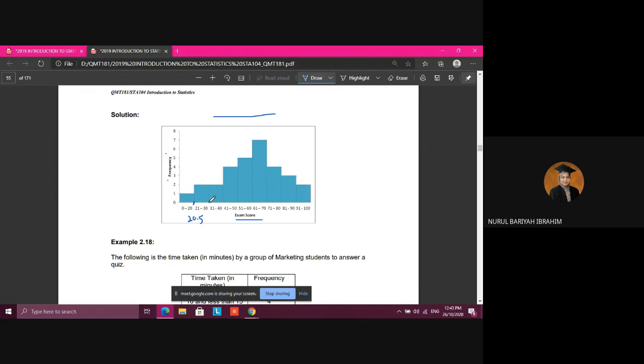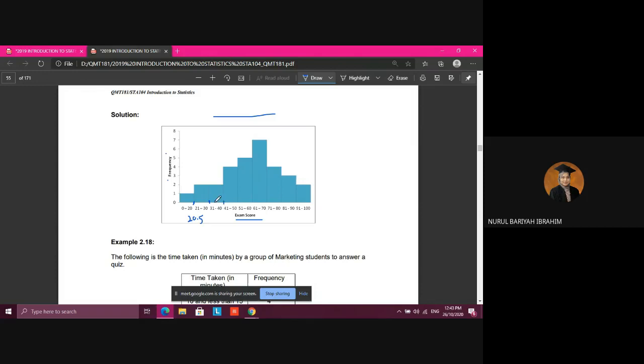You kena kira betul-betul dari dalam you punya graph paper tu. Di sini will be 40.5. Kena kira betul-betul. Sebab apa? Nanti bila you nak kira mode you kena drag ke bawah untuk you kirakan dia punya value kat exam score. Kalau you punya scale ni lari sikit, so the value of mode pun akan salah lah.